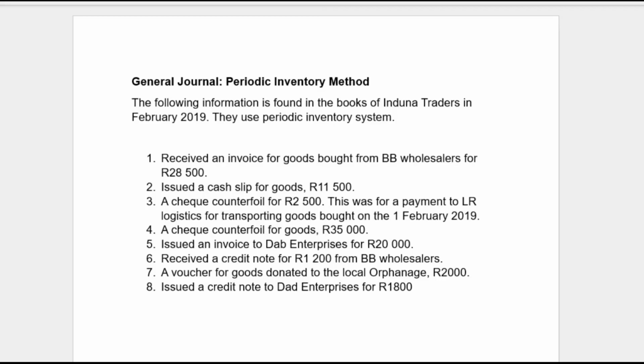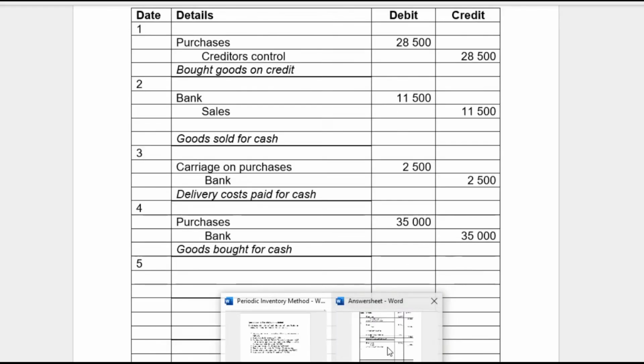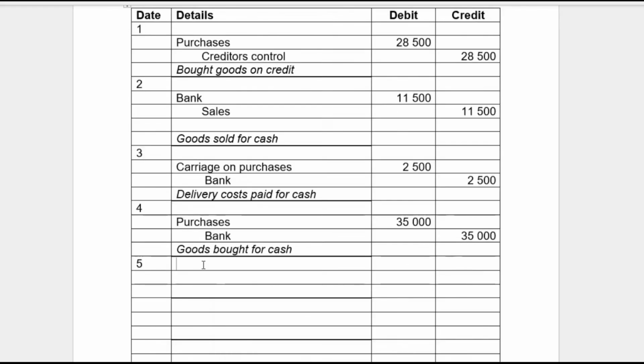Let's go and look at this transaction there. So you're going to debit your debtors control, and then you're going to credit your sales. This is how you record when you sell on credit.